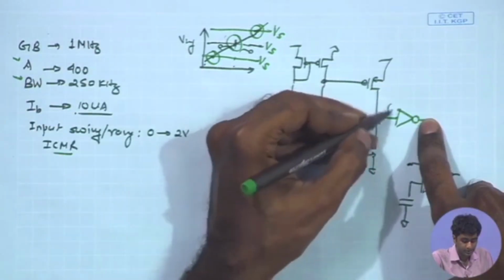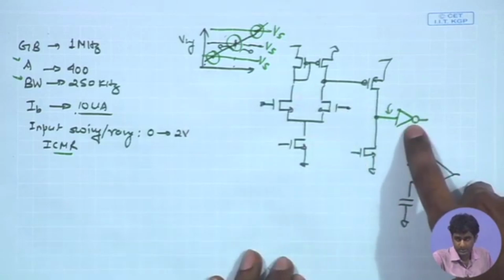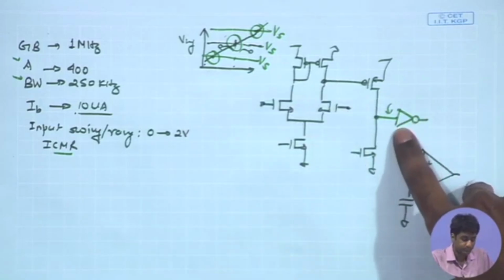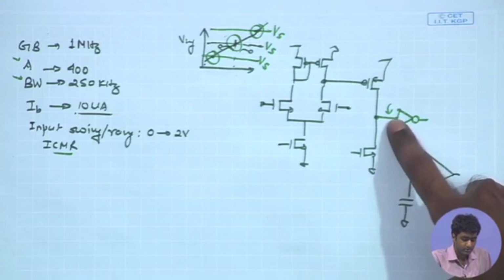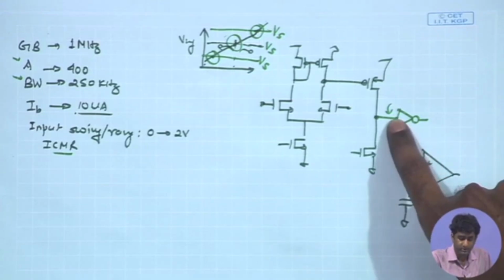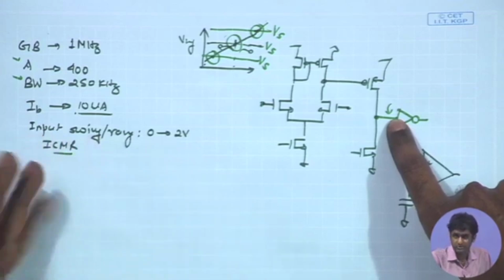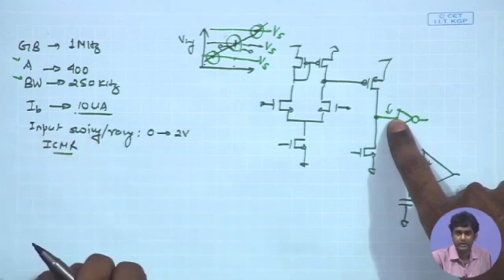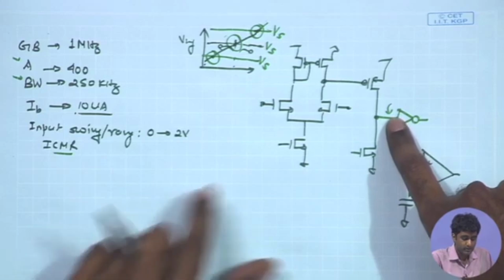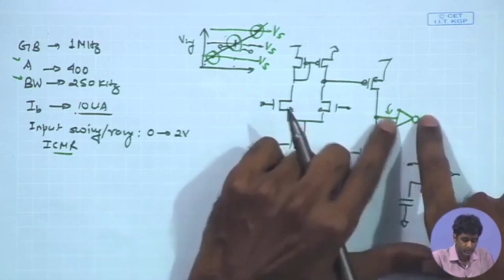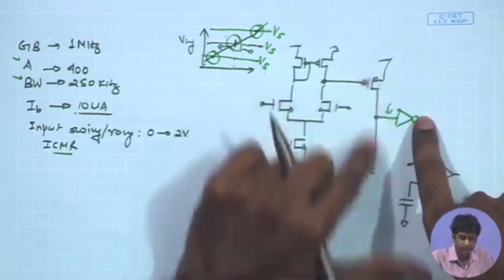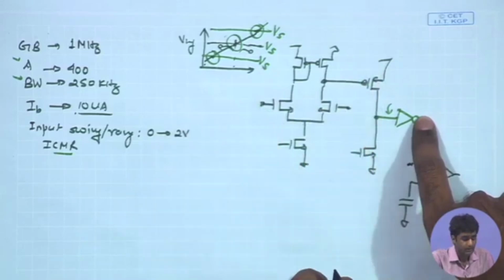So, in general, for a digital inverter, the parasitic capacitance at the input node may be once again of the order of a few femtofarads to at the max a few tens of femtofarads, and therefore, the overall parasitic capacitance over here may still be dominated by the transistors of the amplifier itself.